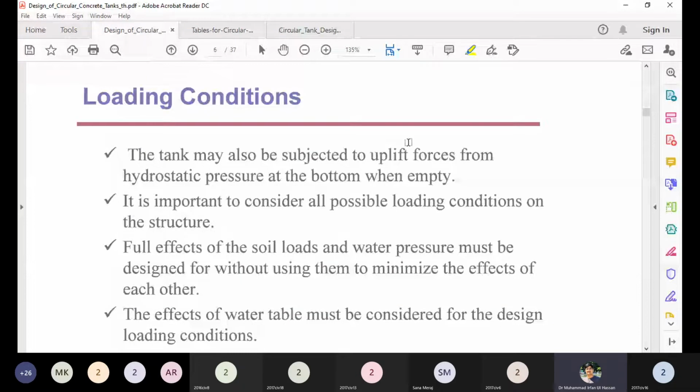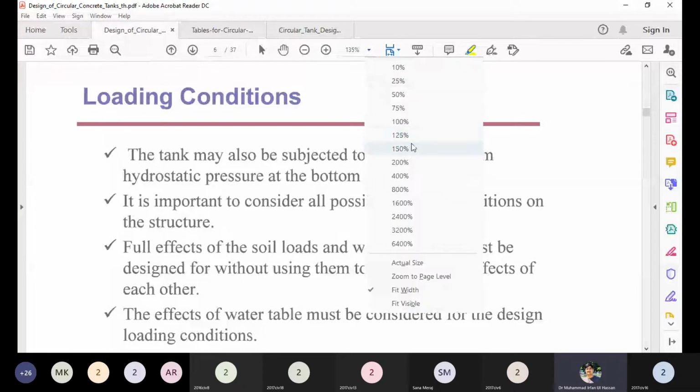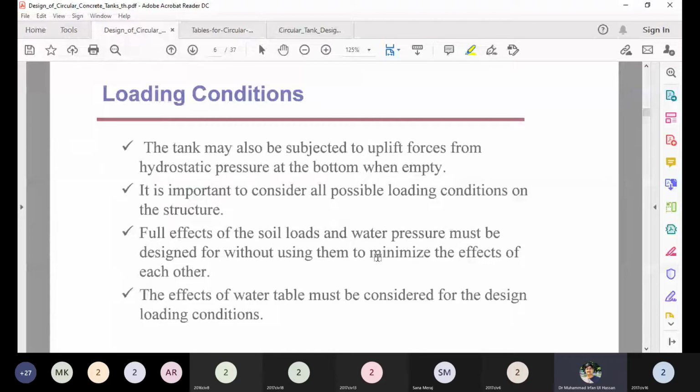The summary of this loading condition is like that: the tank may be subjected to the uplift forces from the hydrostatic pressure. This is one additional force that when you are designing an in-ground tank, you have to see whether there is an uplift soil pressure, because it is possible that the water table can come above the base of the tank, and it can apply an upward thrust to the tank.